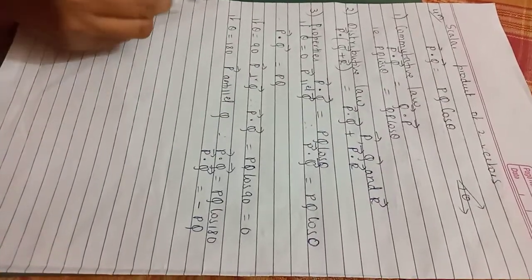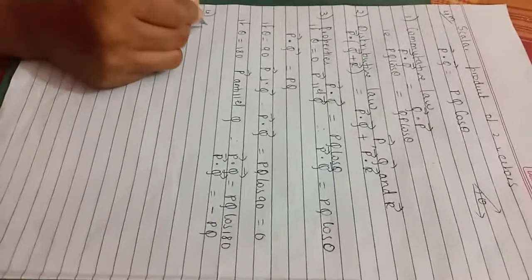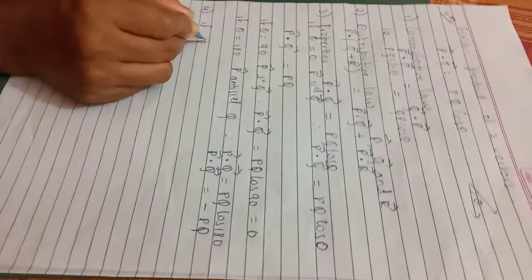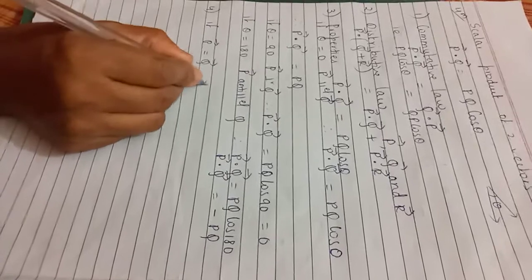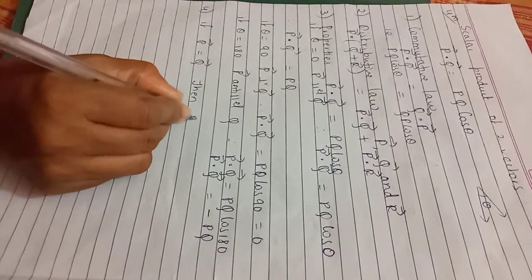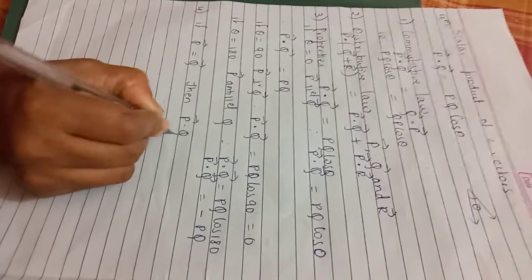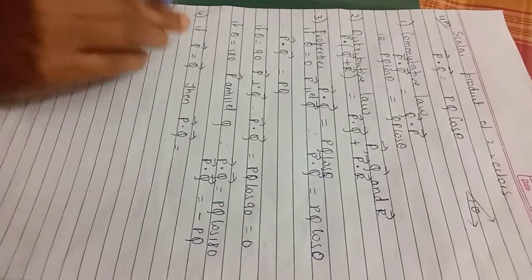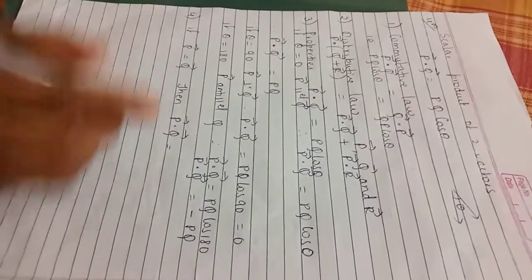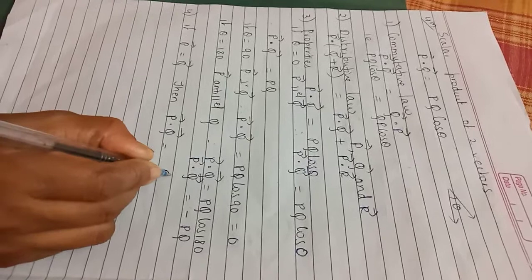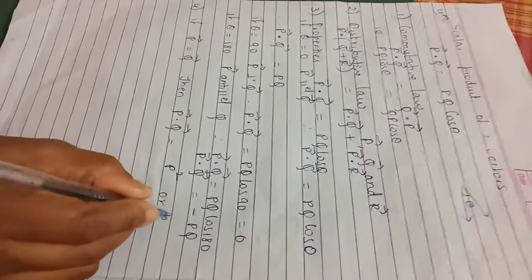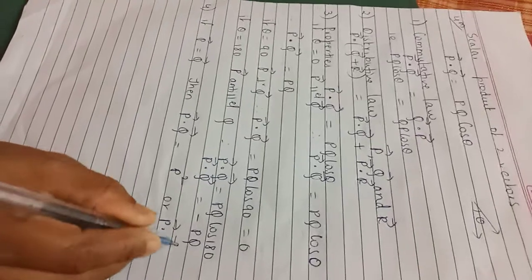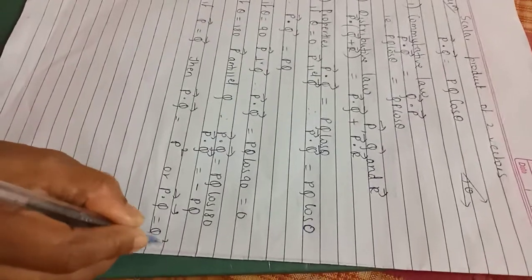Is it okay? Next, if vector P is equal to vector Q, then what is P dot Q? If P is equal to Q, P dot Q will be P square, or Q square.